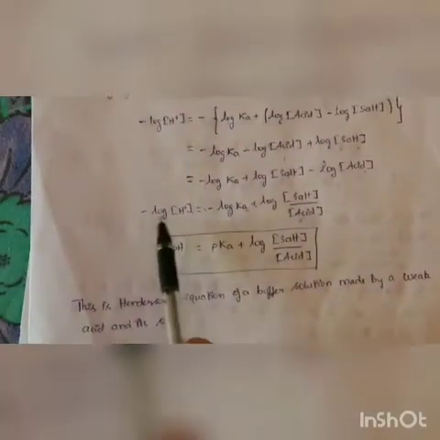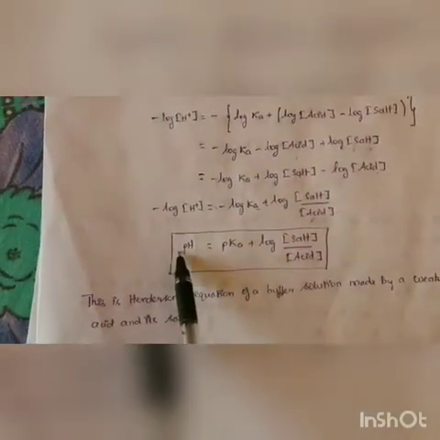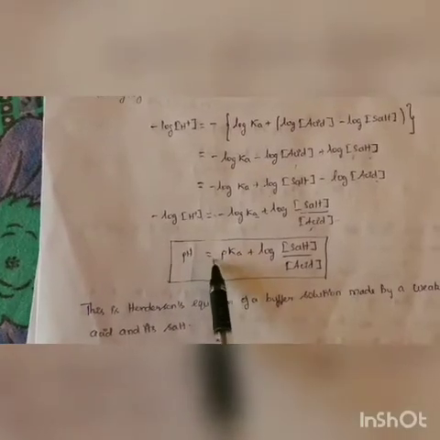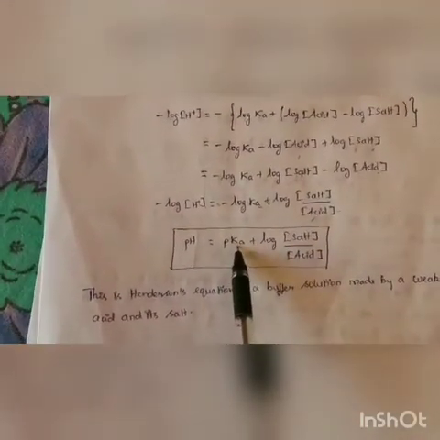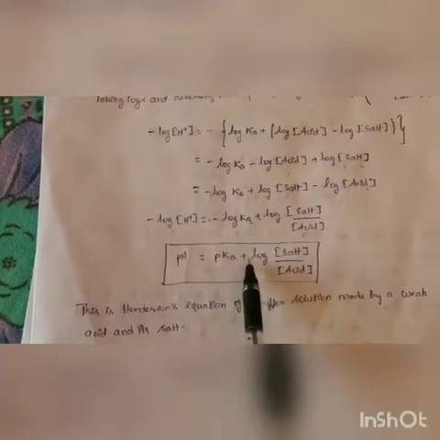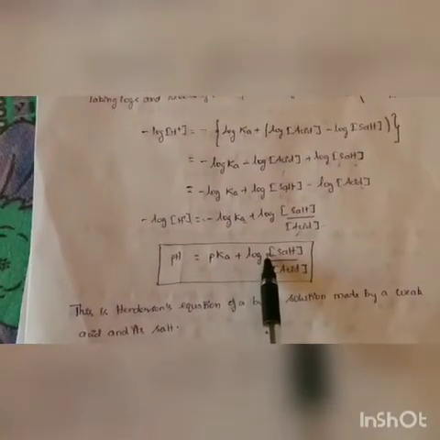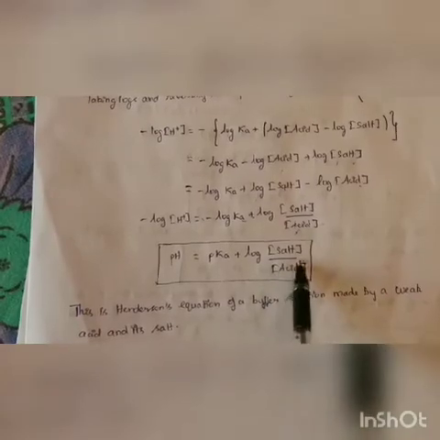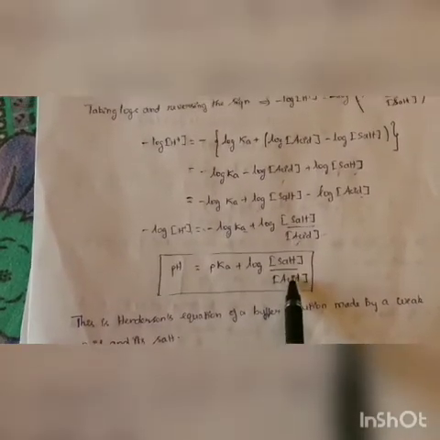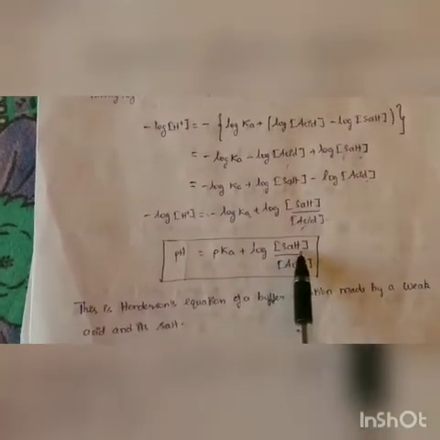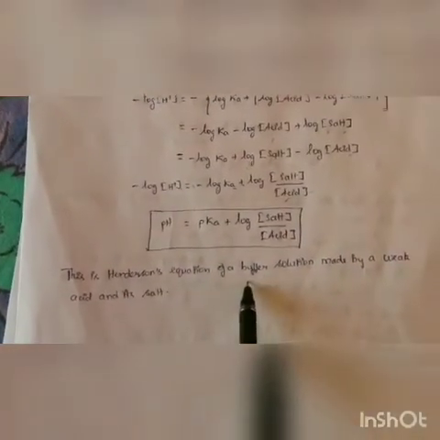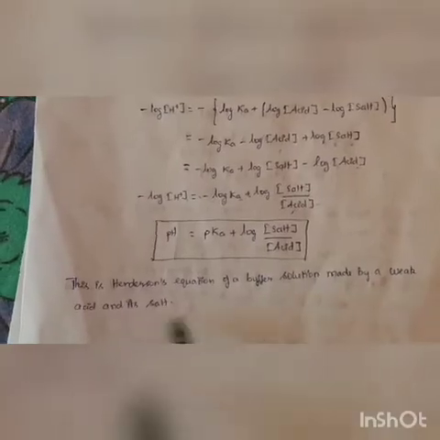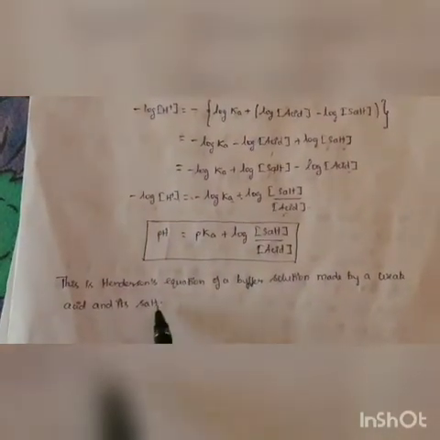Overall, we can write pH is equal to pKa plus log of concentration of salt by concentration of acid. So this is the Henderson equation for a buffer solution made by a weak acid and its salt.